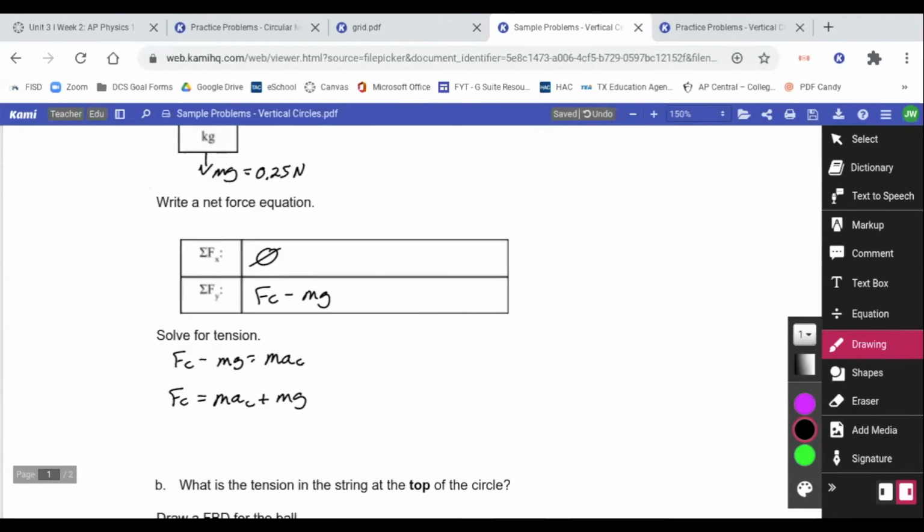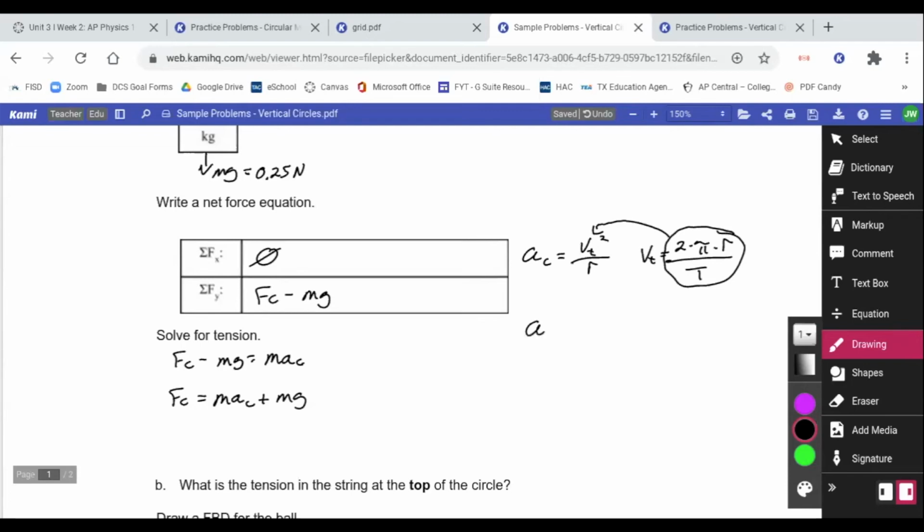So let me put my thoughts off to the side. I need to get acceleration to solve my formula. Acceleration is equal to v_t squared over R. I don't have a v_t, but I've got an R. I know velocity is equal to 2 times pi times R over T. If I substitute this for velocity, I might have something I can work with.